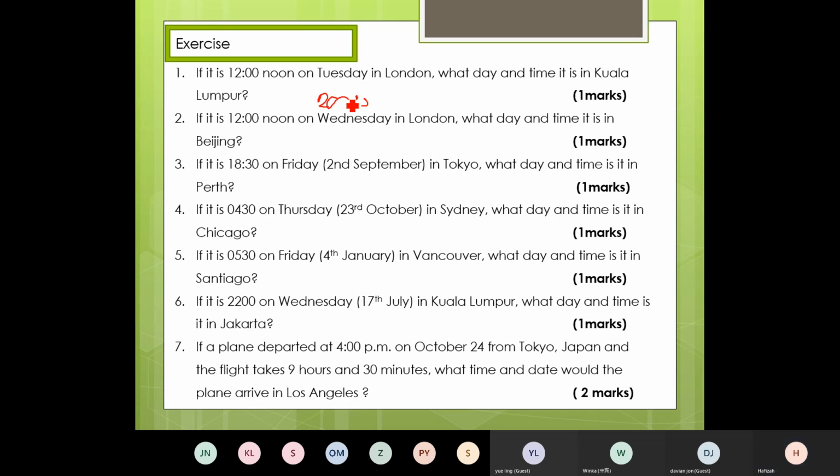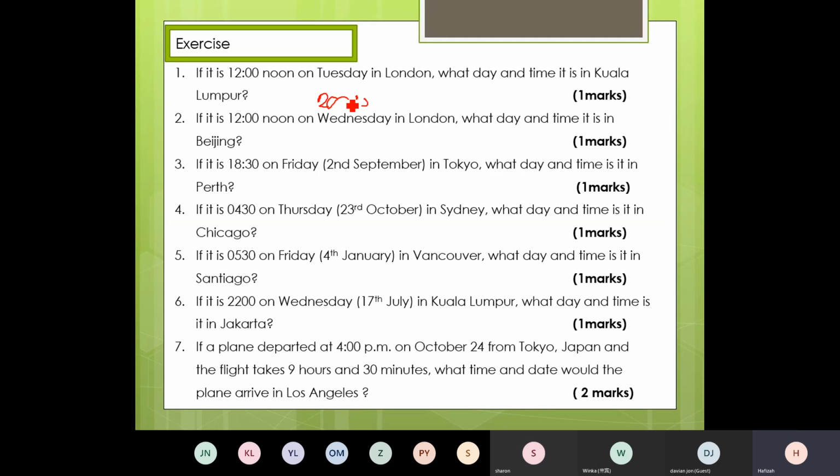Sharon, number 2, what is the answer? To find the GMT, you can Google GMT London or GMT whatever.